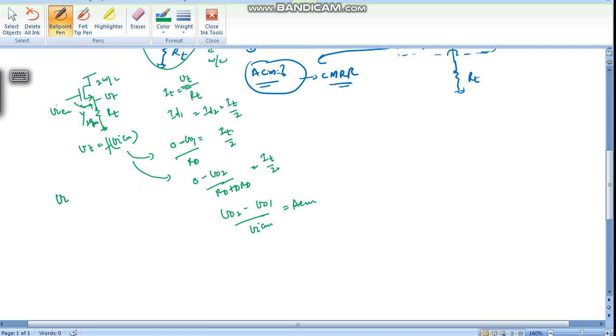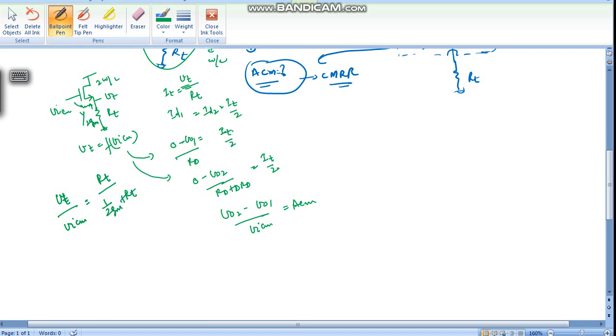You can also see the previous lecture on how we find the gain of this, and Vt as a function of VICM. Vt is the output, so this will come like RT divided by 1 by 2 GM plus RT.